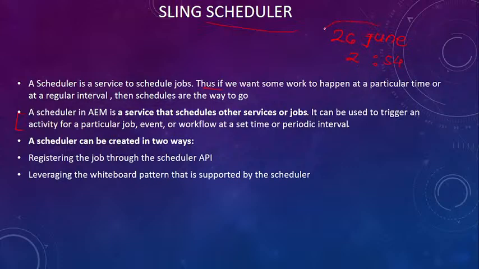When this date and time arrive, we just have to execute a message: happy birthday. This is nothing but your task. You want to execute this task on this particular date.